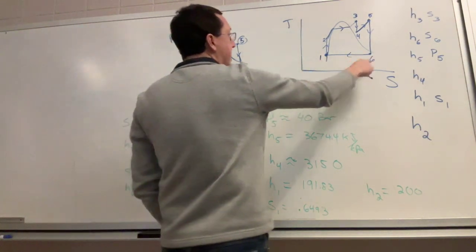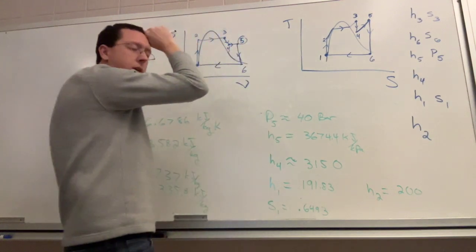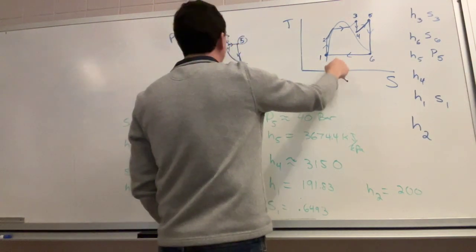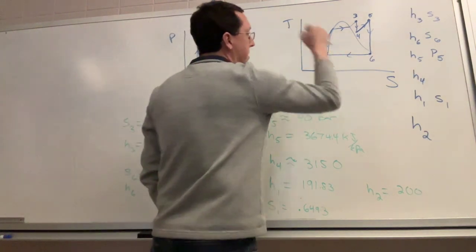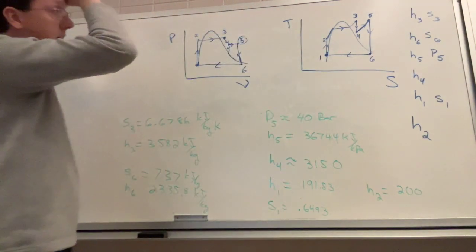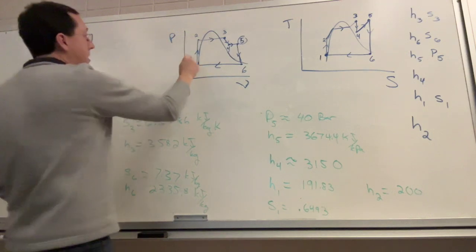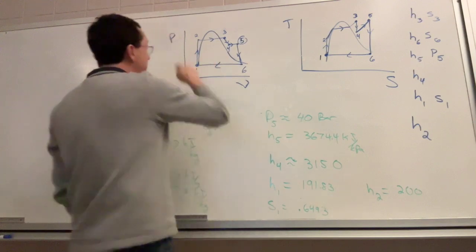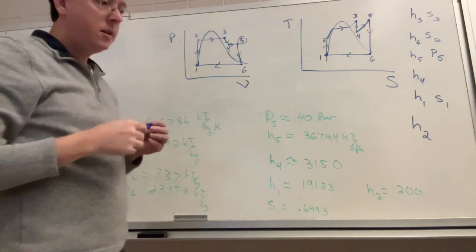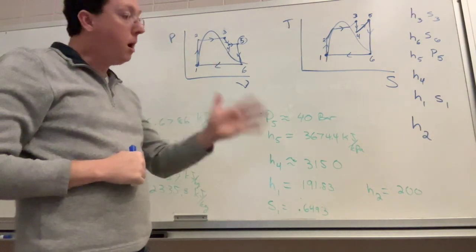And from 6 to 1, that was through the condenser, so that's constant pressure. So that's a horizontal line, but if the pressure is constant, the temperature is constant. So there you go. Going back finally from 1 to 2, that's in the process of going through the pump.